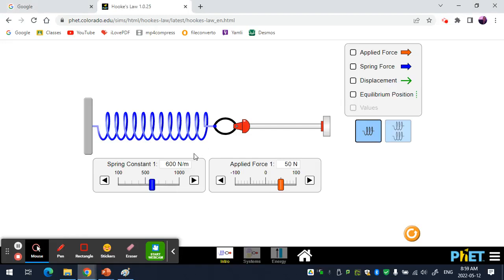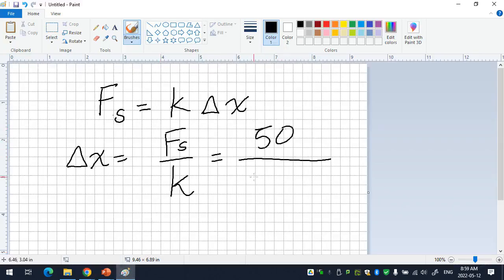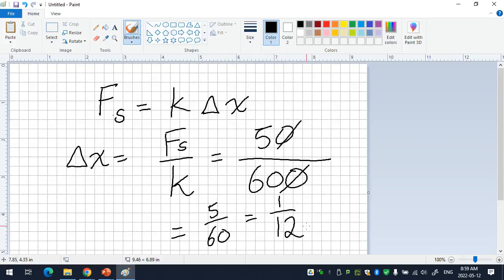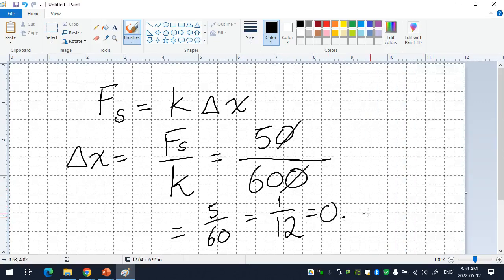And the stiffness of the spring was 600. So 50 divided by 600. A 0 cancels with the 0, and it's 5 over 60, which simplifies to 1 over 12. How much is 1 over 12 as a decimal? Come on, physics people. This is 0.083, I believe. In what unit? In meters.